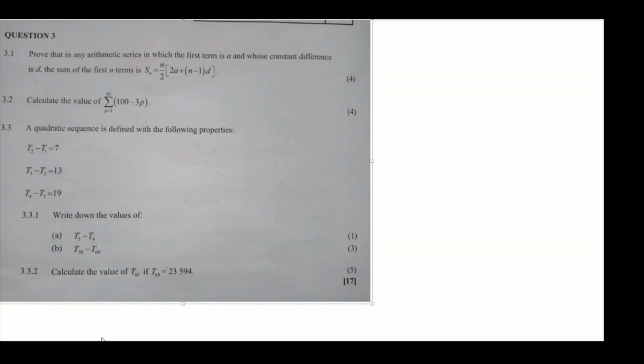So what we have here is 3.3, by the way. We have a quadratic sequence which is defined by the following.